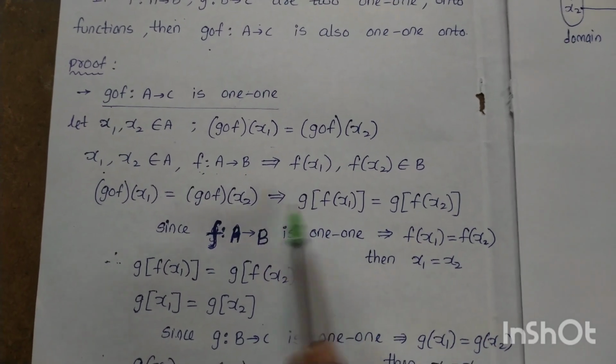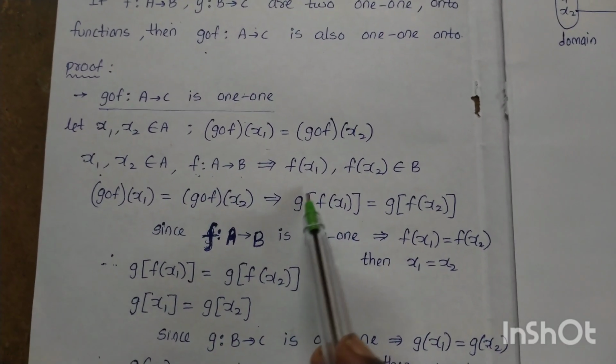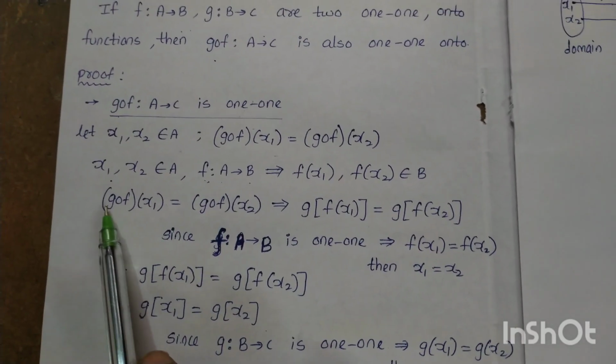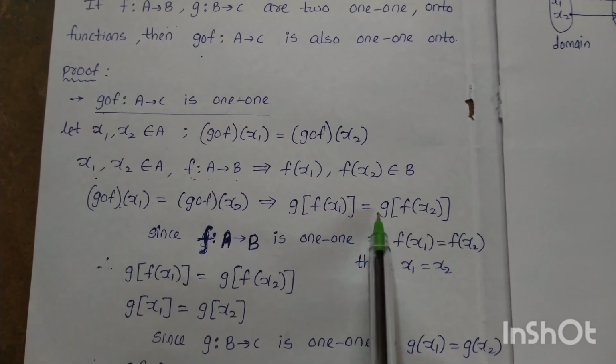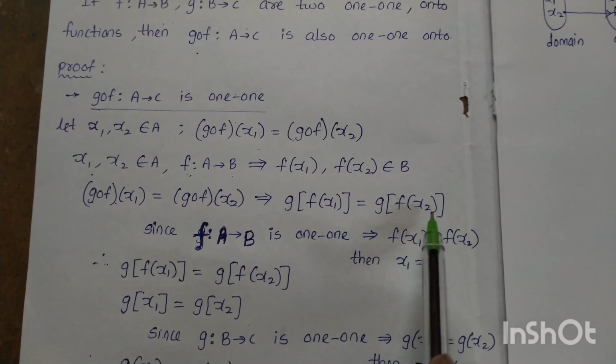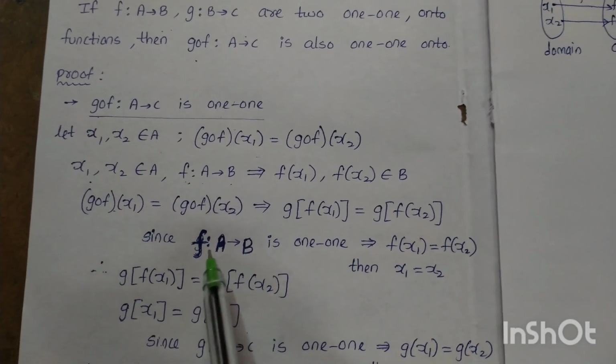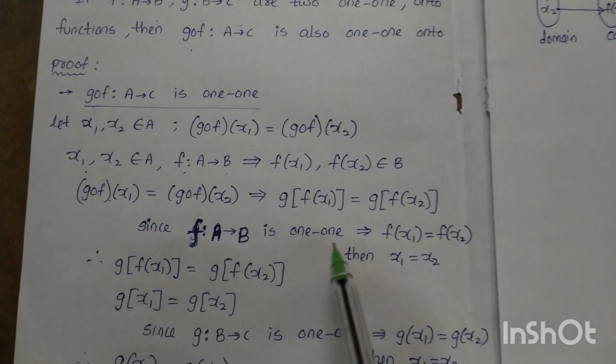We can write it like this: whenever you remove the circle, we can keep square brackets. So gof of x1 can be written as g of f of x1, which should be equal to g of f of x2, right? But f maps A to B is a one-one function.